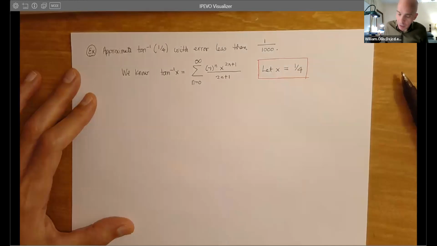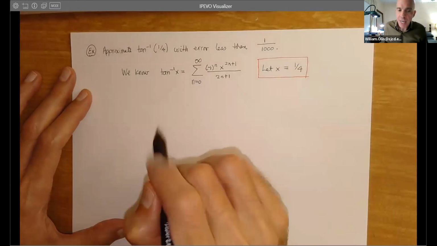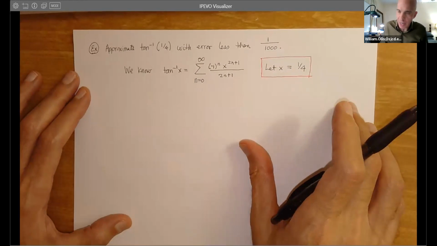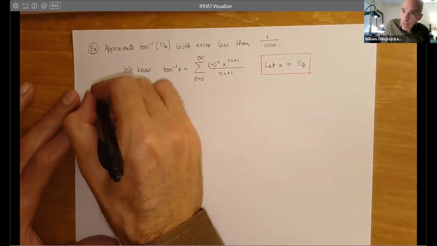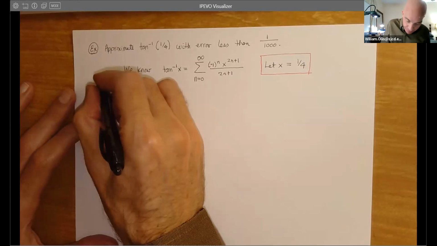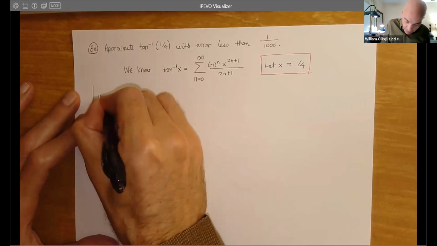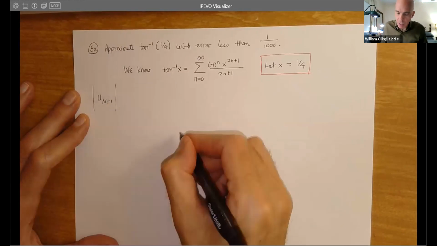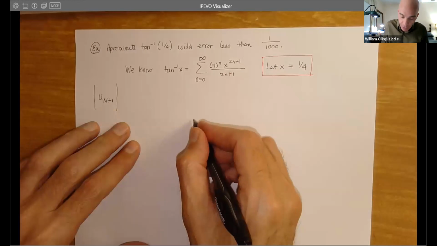So now we can look at what's going on here with the first neglected term. You can call it u sub n plus 1, since we're going to kind of throw everything together. So we'll look at the absolute value of the first neglected term, u sub n plus 1. Sometimes we use a sub n plus 1, but I'm just going to call it u sub n plus 1. You use your favorite letter.